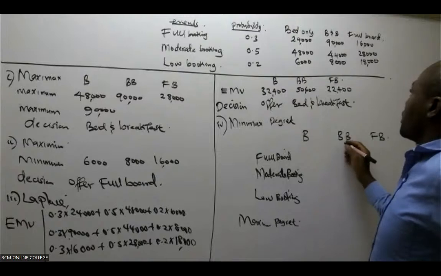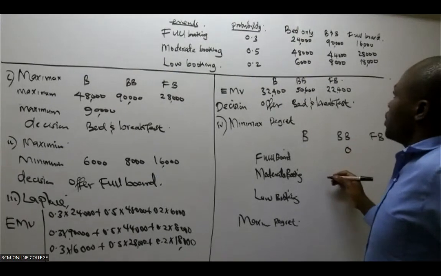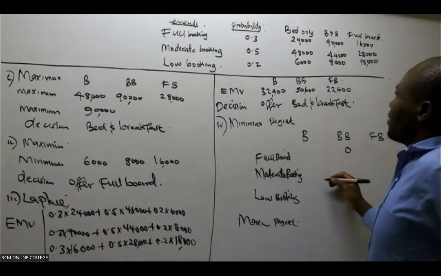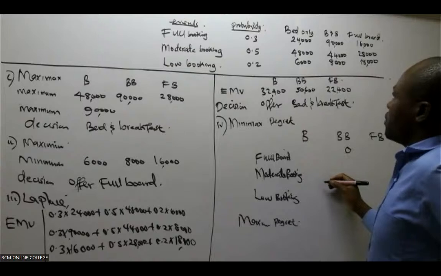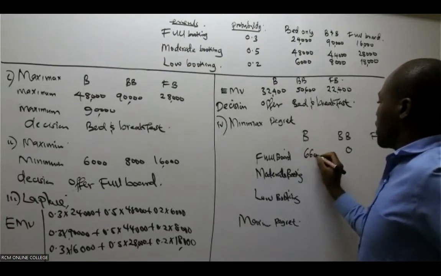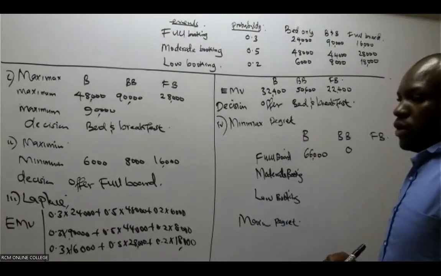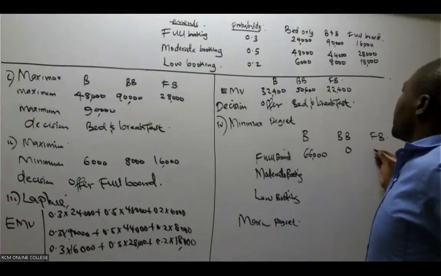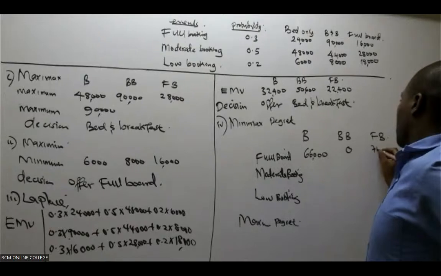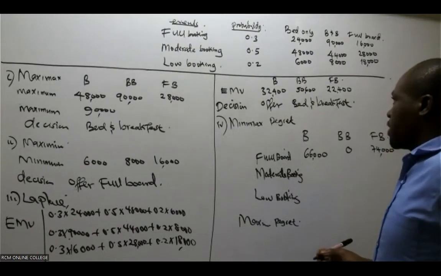So 90,000 minus 90 will be 0. 90,000 minus 24 will give us 66,000. Somebody to confirm? Good. Then 90,000 minus 16 will be 74. Good.